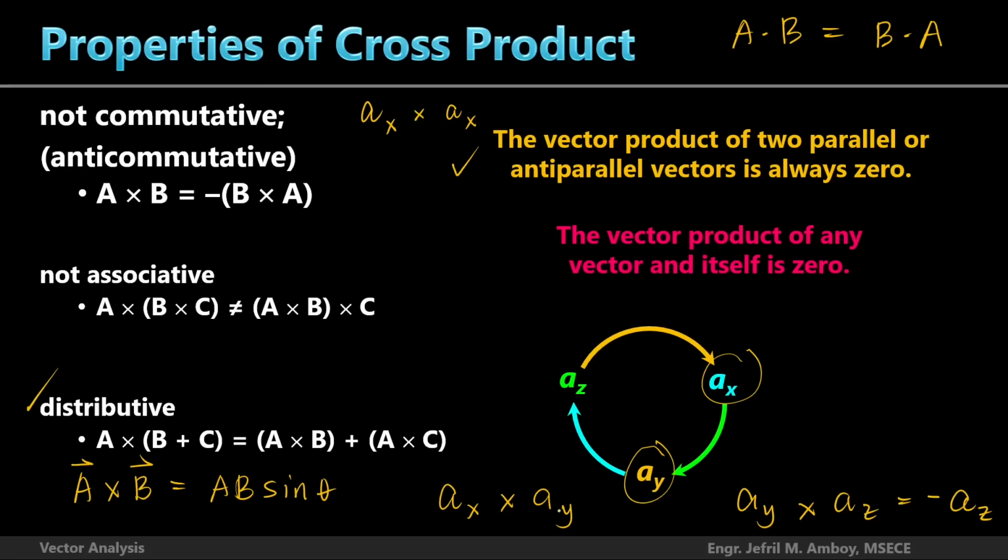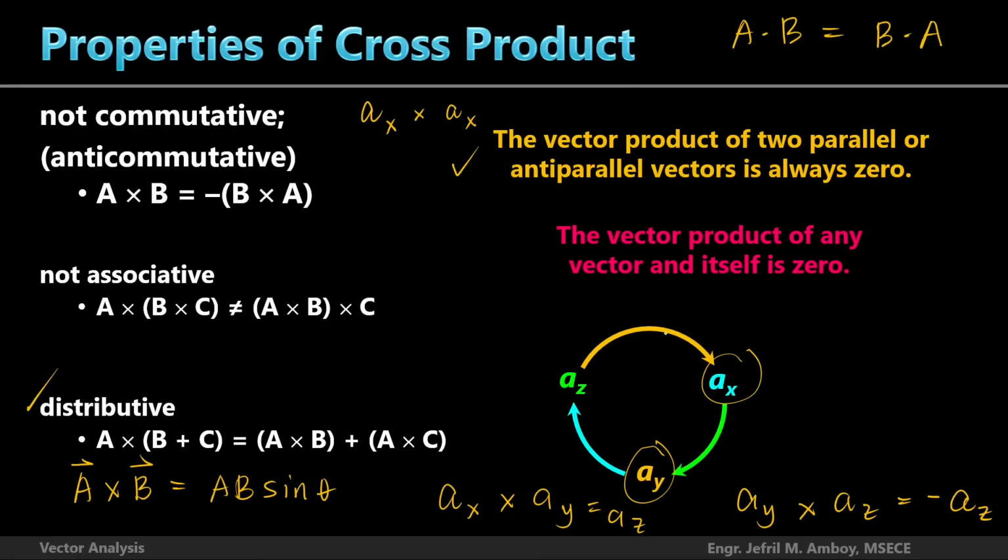So if AX cross AY is equal to AZ, then if we interchange them and get AY cross AX instead, we will get negative AZ. So the rule here is that for clockwise multiplication, the answer is positive. And if we multiply the vectors in a counterclockwise manner, the answer would be negative.